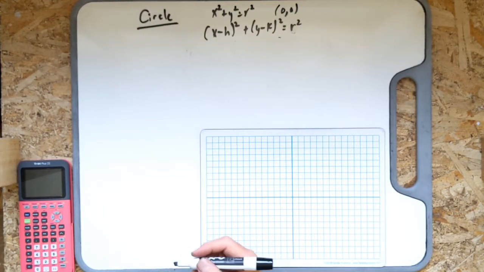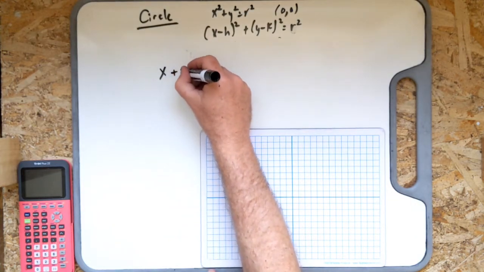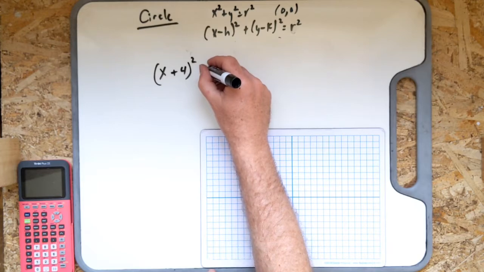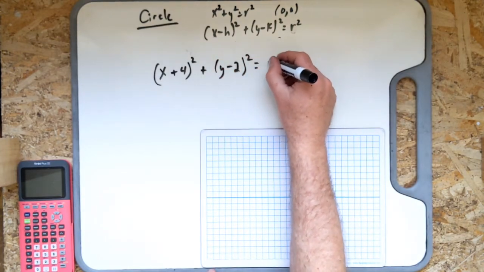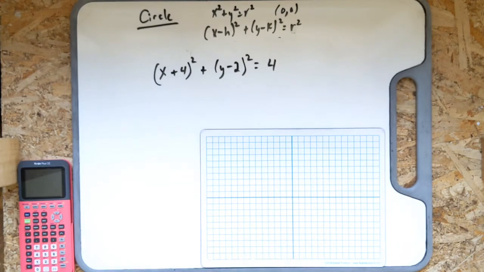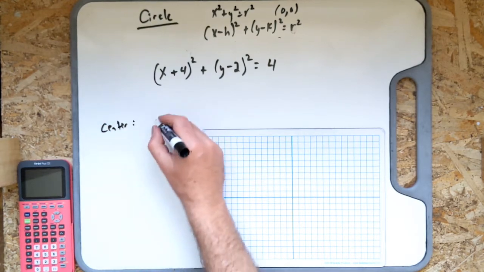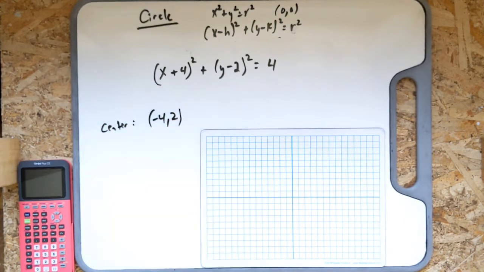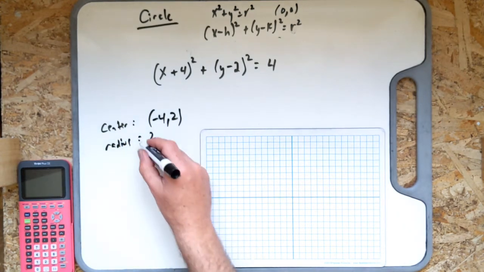So, for example, if I have an equation, x plus 4 squared plus y minus 2 squared equals 4, I can take the center out of this just from the equation. The center is -4, +2, and the radius is 2.